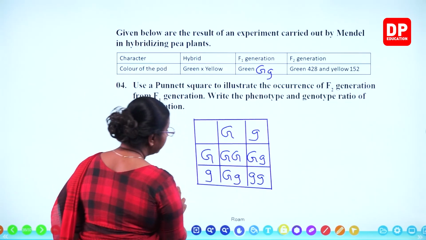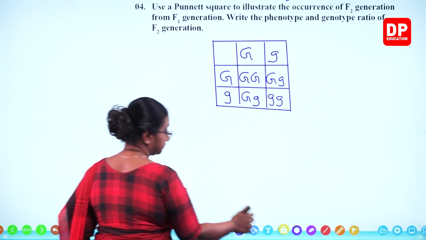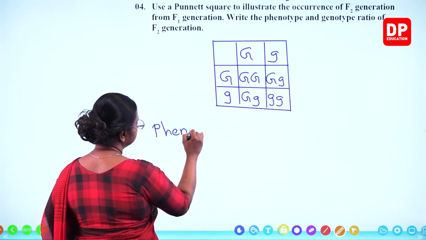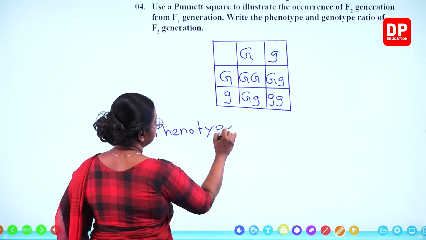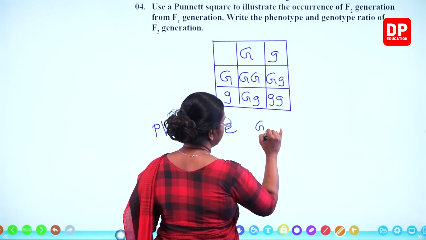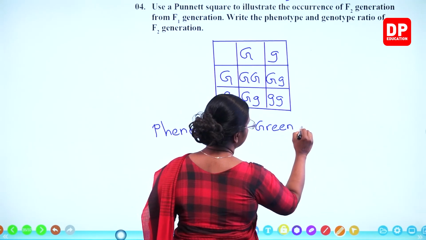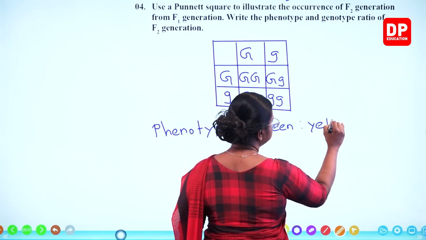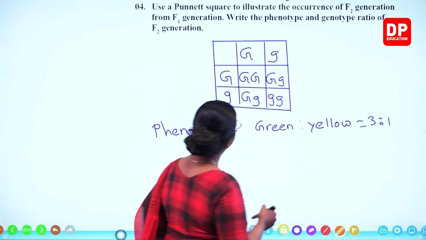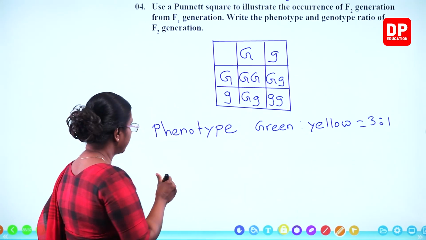So what is the phenotype ratio? Phenotype, the external feature, green is to yellow. Green is to yellow, 3:1. Then you have the genotype ratio.